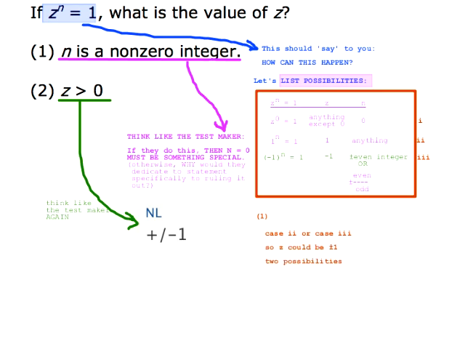That's 2 possibilities, so that's not sufficient because there's more than one possibility. Okay. Statement 2. Z is positive means it's not case I, but it could be either of the other ones. So that means that actually Z could be anything except 0.